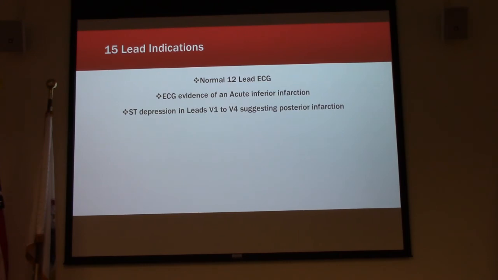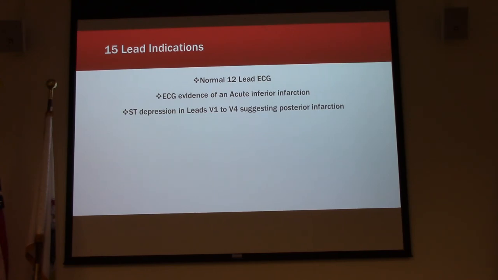Not that we want to add anything else onto what you guys do in the field, but we've been talking about moving V4 to V4R. That's been standard. Anytime you see elevation in 2, 3, and aVF, you should be moving to V4R. There are times that it would be indicated to do a 15 lead on a patient.